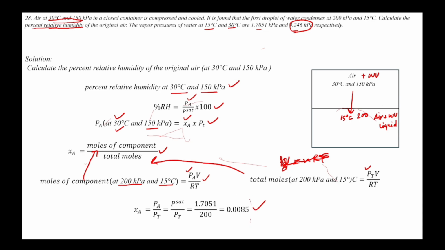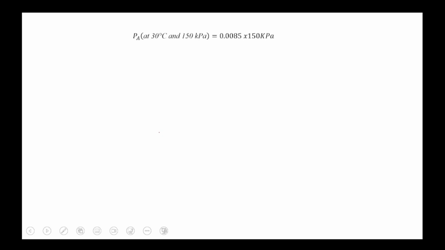Now this mole fraction we can use in this equation with the total pressure at 150, and we will find PA, and this is the answer. This question is a little bit tricky, so hopefully you will understand. If you find any confusion, just comment below.